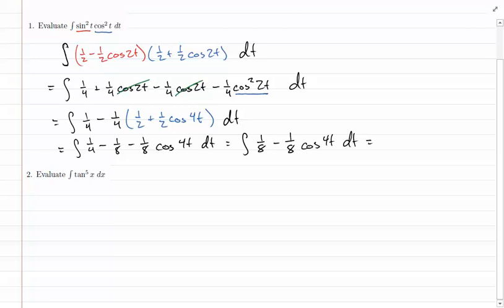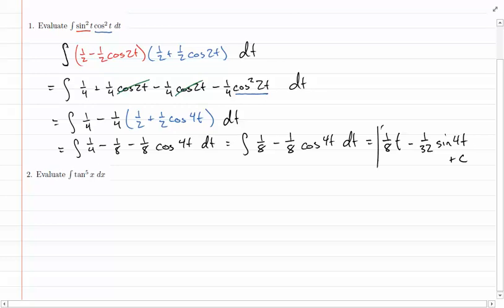And now we can just integrate each piece. The integral of an eighth would be an eighth t. And then the integral of an eighth cosine of 4t, there is going to be a 1/4 that comes out. So this is going to end up being 1 over 32 sine of 4t plus c.